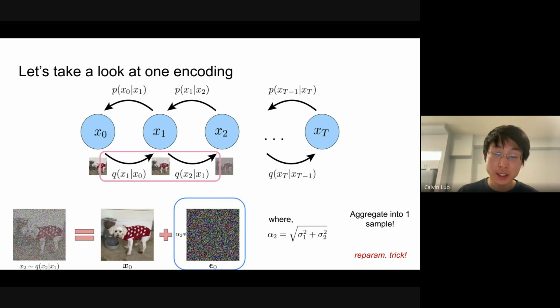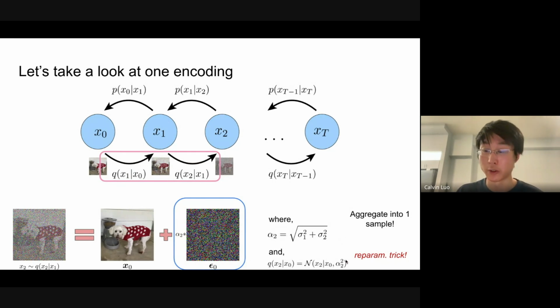So what we've actually done is collapse multiple applications of the reparameterization trick to get a distribution of x2 conditioned directly on x0. The distribution of x2 is a normal centered around x0 with standard deviation alpha 2, which is written as a function of known sigma terms.